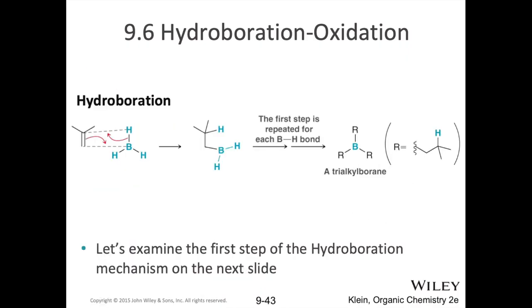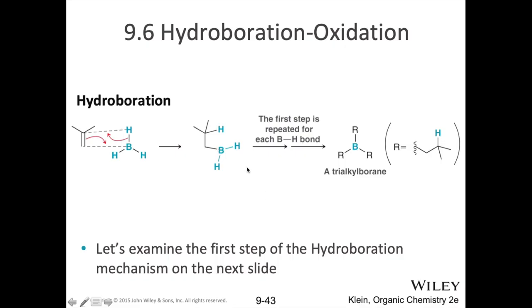All right, so if you have your BH3 molecules, how does it do a hydroboration? Well, it adds on like this to your alkene. So if you have an asymmetrical alkene, your boron goes to the less substituted carbon, and your hydrogen goes to the more substituted carbon. Okay.